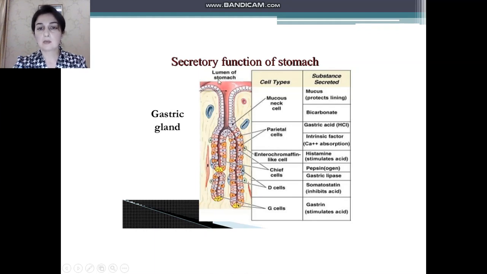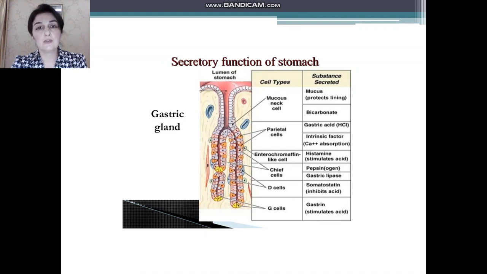First of all, let's talk about the lining of the stomach, the epithelium. The epithelium that covers the stomach is simple columnar epithelium. But remember that each of these cells which cover the stomach, these surface lining cells, is a secretory cell.